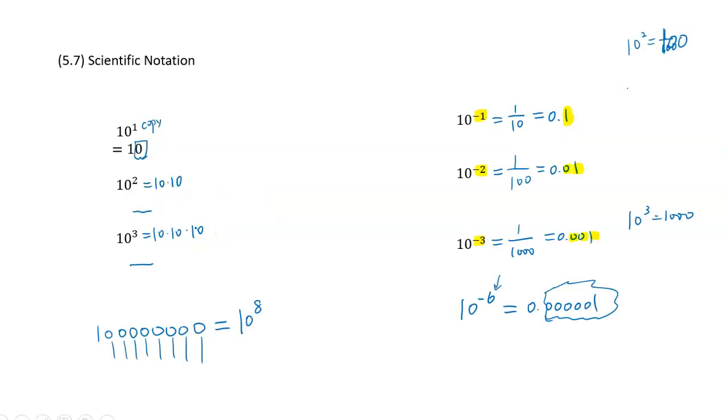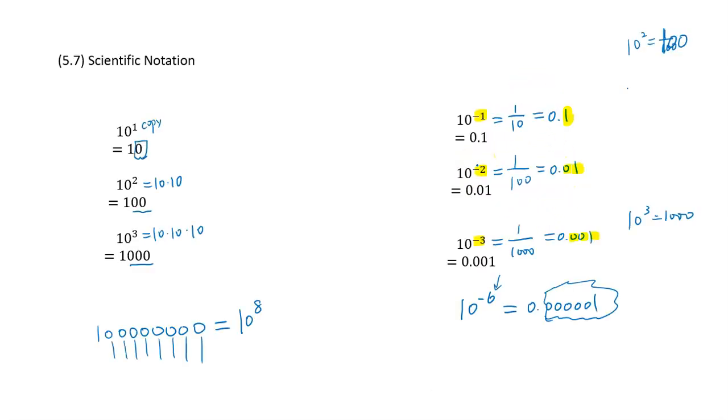Okay, so now let's look at some examples here. If we have a huge number, so here I have a huge number and a very small number. When you have a huge number, the exponent is going to be positive, and the exponent matches the number of zeros, or decimal places.